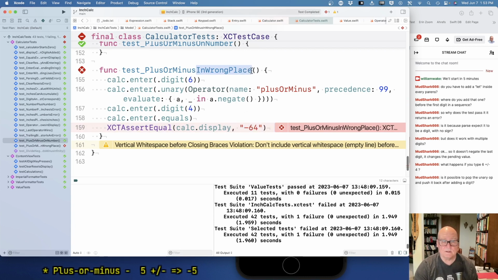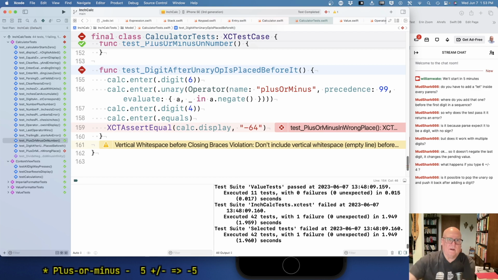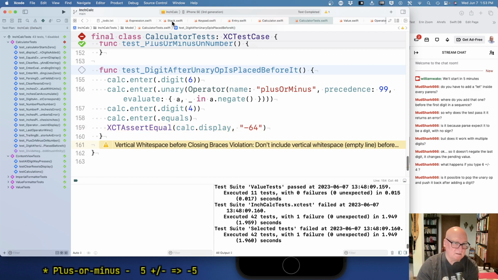So plus or minus, how about digit after unary op is placed before it. Okay, so if I type 6 unary 4, it's going to slide it over and make that 6-4 unary and evaluate it as 64. Okay, that seems good.